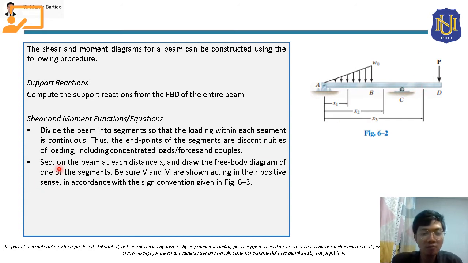Okay, so we have to section the beam segment at each distance x and draw the free body diagram of one of the segments. So let's say for segment AB, we cut the section here at distance x sub 1 from the left.